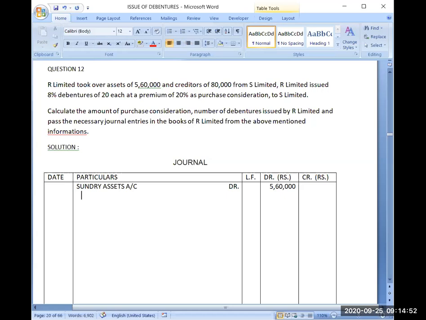Then we have purchased some liabilities also, creditors also, to sundry creditors account, and it is 80,000.